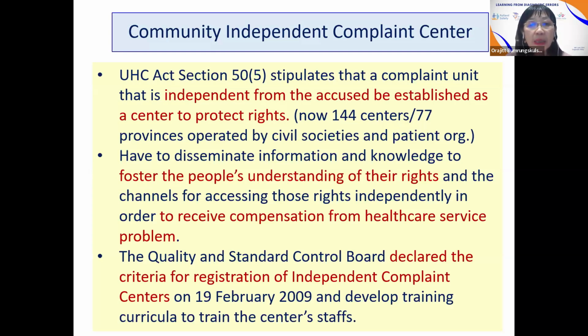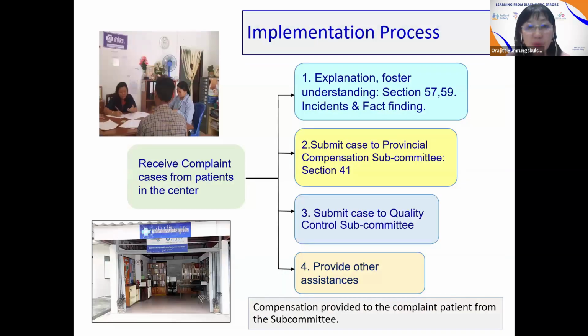The Quality and Standard Control Board declared the criteria for registration of Independent Complaint Centers on 19 February 2009 and developed training curricula to train the center staff. Every center has to be trained.